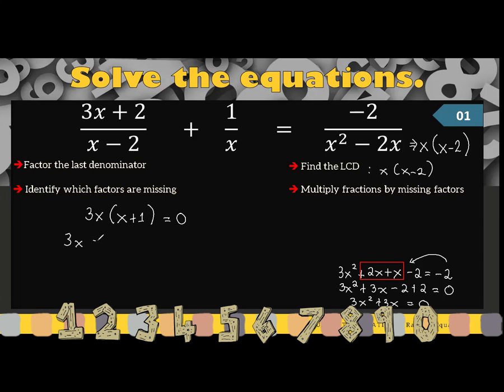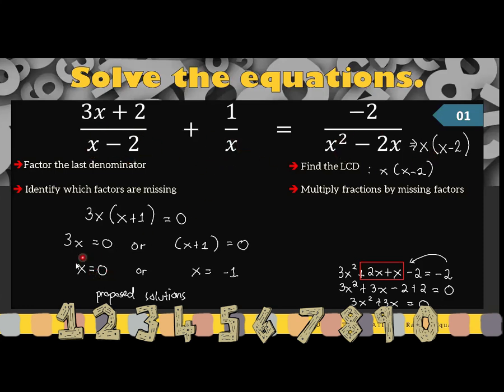We will have 3x is equal to 0, and the other one is x plus 1 is equal to 0. So the value of x on the first will be 0, and the second one would be negative 1. Take note that these are only the proposed solutions because we have to take note of our denominator here.